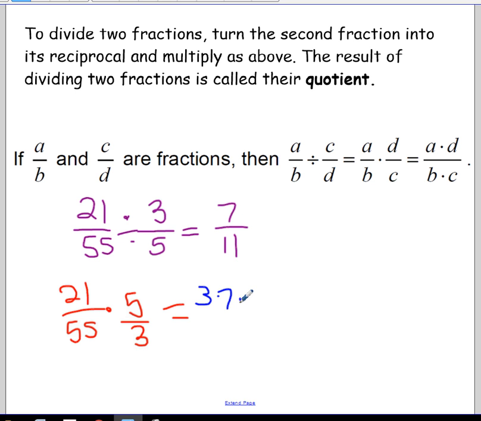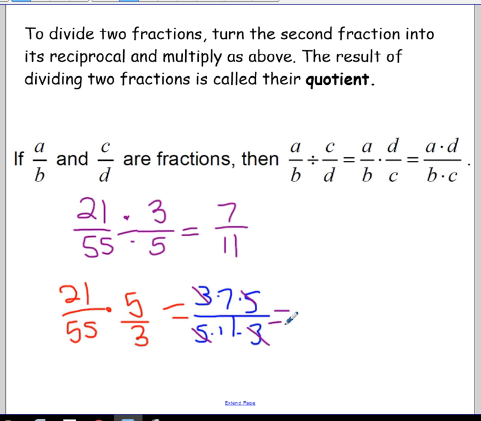So let's write our 21 as 3 times 7. And then we have our times 5 from the second fraction. And let's turn 55 into 5 times 11. And then we have times our 3 from the second fraction. So let's start canceling like terms. Our 3 cancels with our 3 from the bottom, and our 5 cancels with our 5 on the bottom.